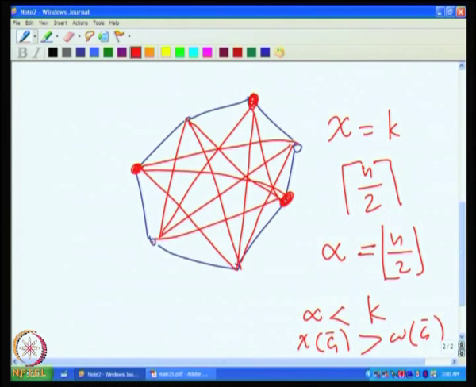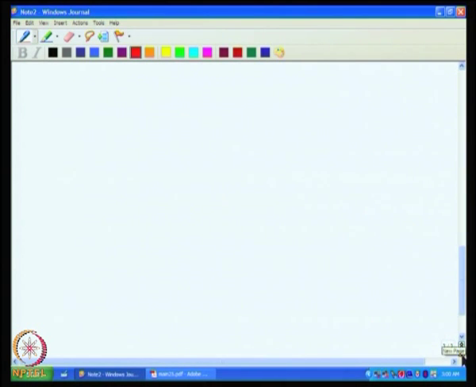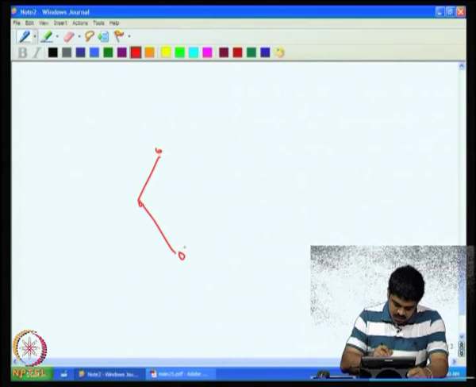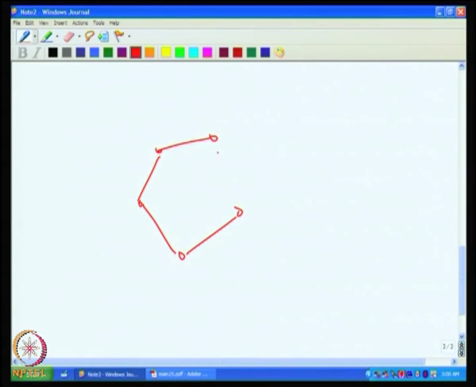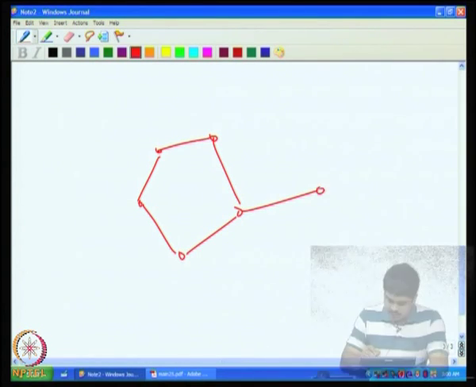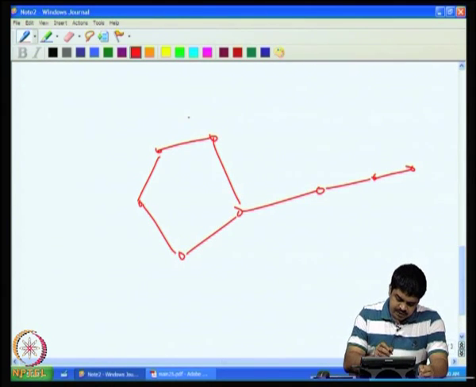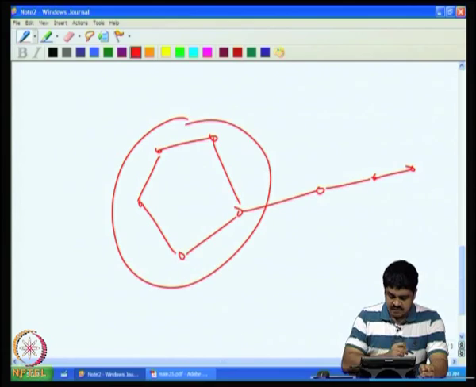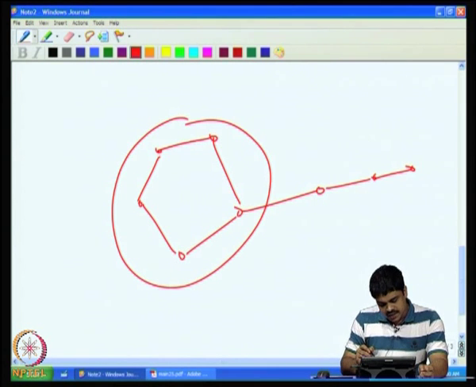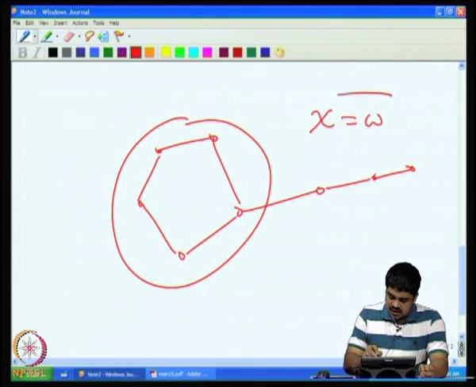Are there other examples? Of course, there are other examples, like you can take an odd cycle of length 5 or more and add something like this. It is non-perfect. Why is it non-perfect? Because this odd cycle is there as an induced subgraph in it, and of course, this induced subgraph will not satisfy the chromatic number equal to clique number condition.